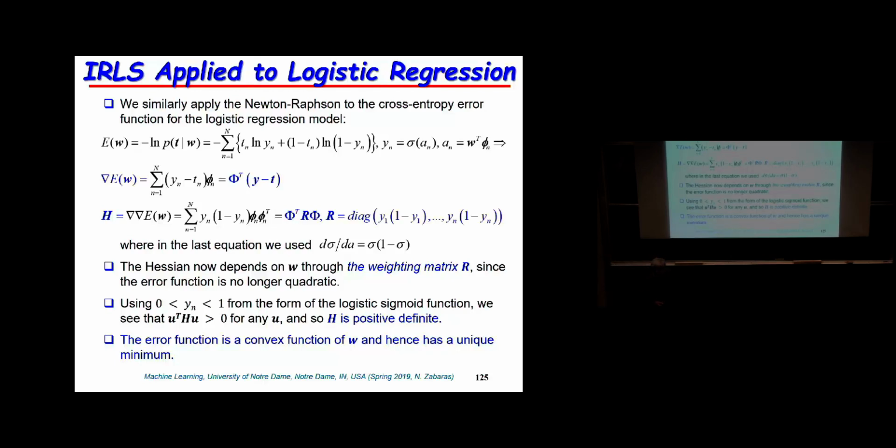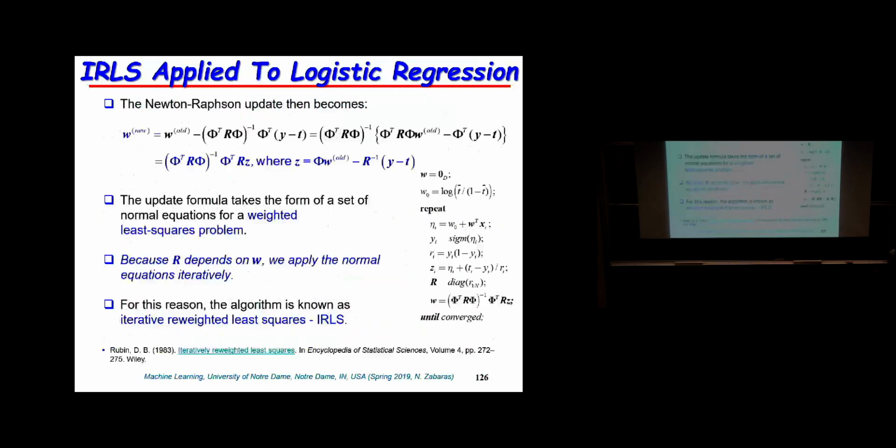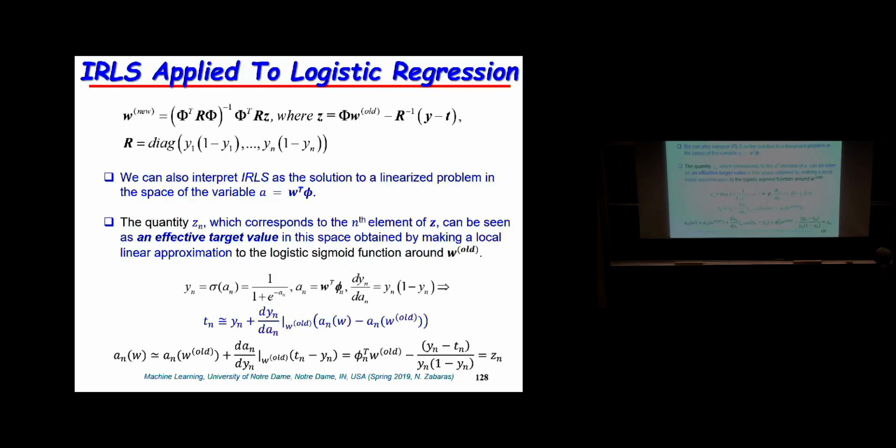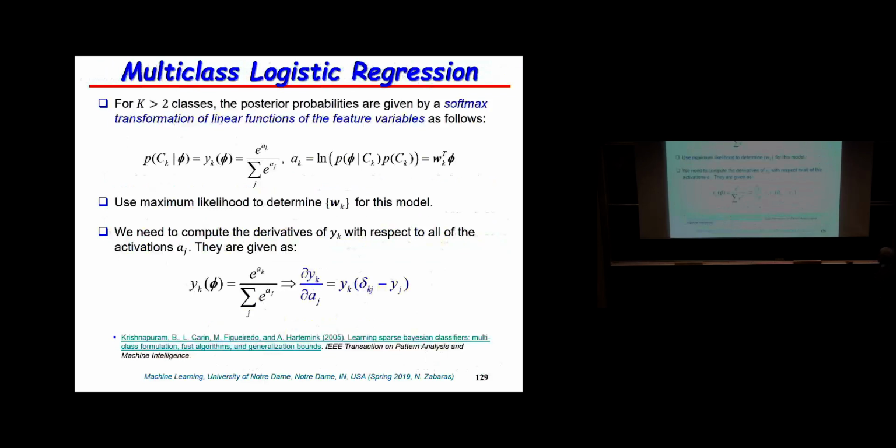The variance. Remember, in other courses when you do weighted least squares, you weight with the variance. So there is some interpretation you can put on R, but at the end of the day, it is what it is, and we need to live with it. There's another interpretation you can read, but you don't need all these fine details.